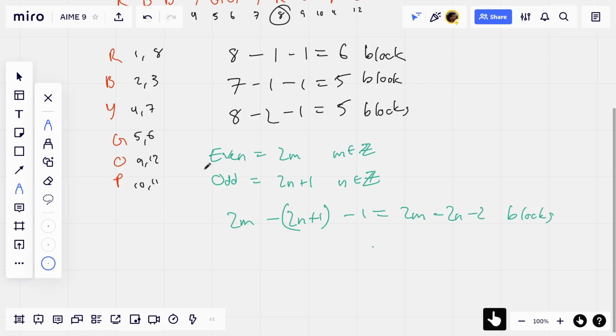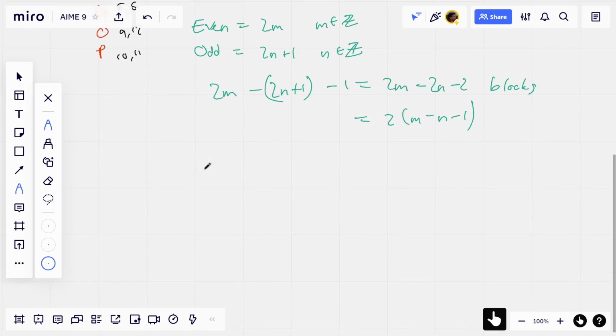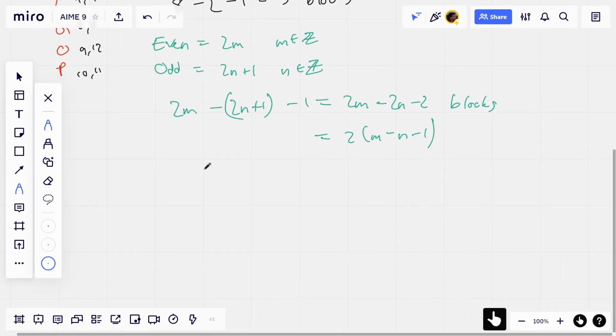And if you notice, this is just equal to 2 times (m minus n minus 1). Because m and n are integers, m minus n minus 1 is an integer, so the output is going to be some even number.